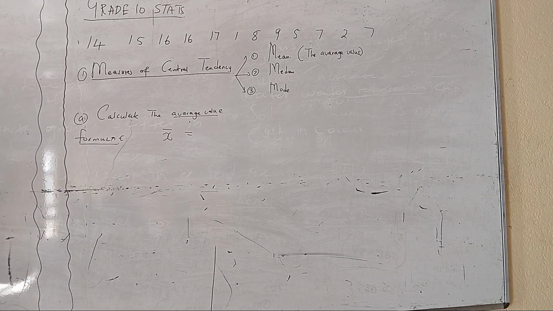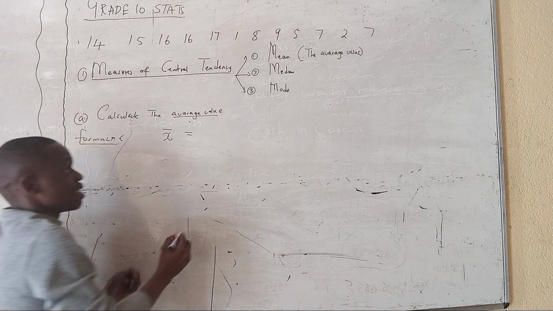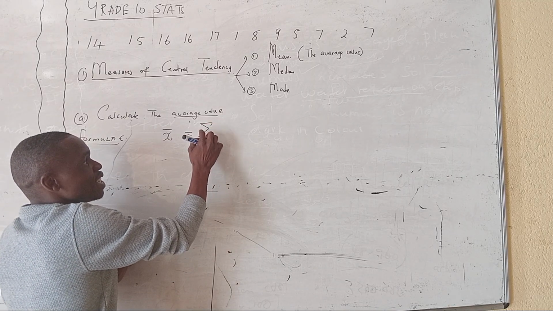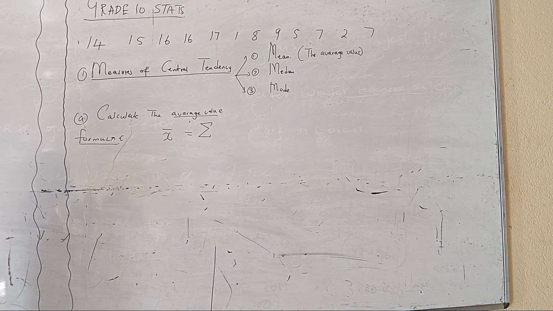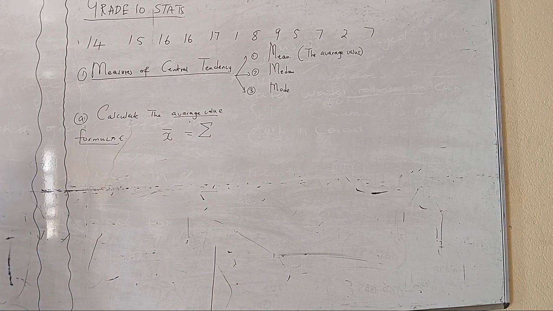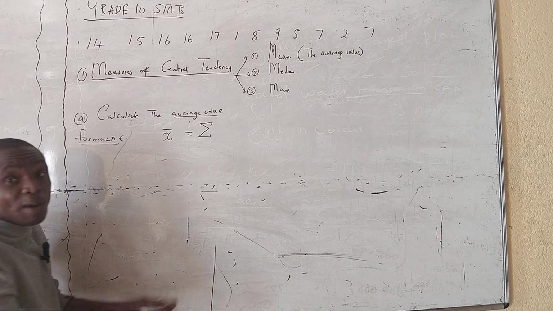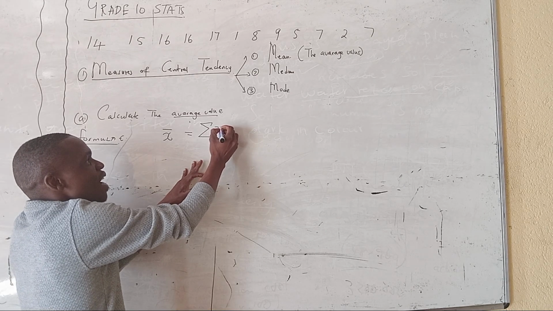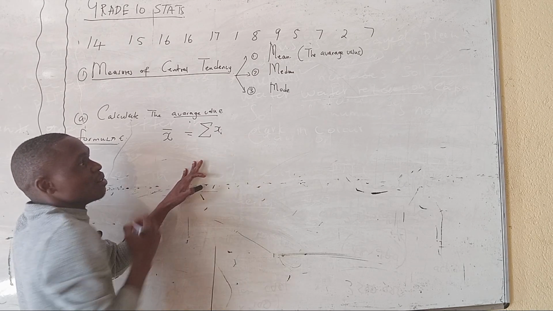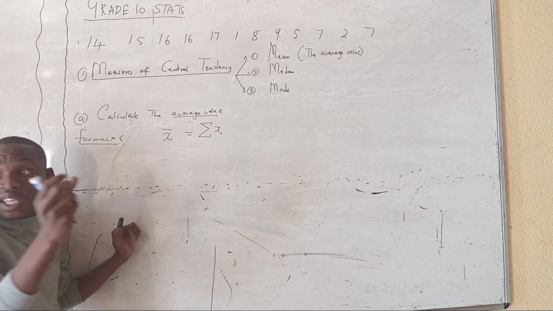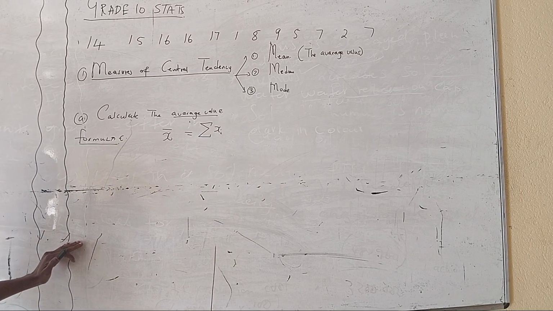So what is the formula for calculating this mean? I'm going to write the sum. This is a Greek symbol for sum. When you see this symbol in maths, it simply means the sum. So you say the sum of xi. This x represents the values in your data.